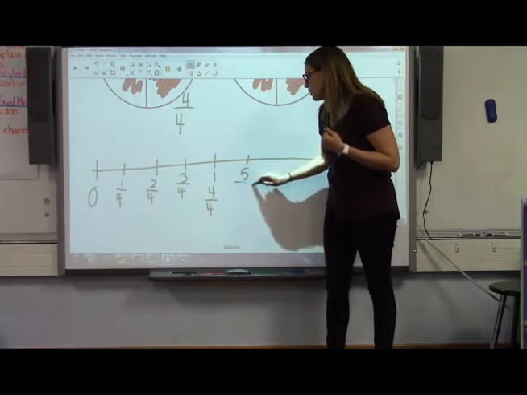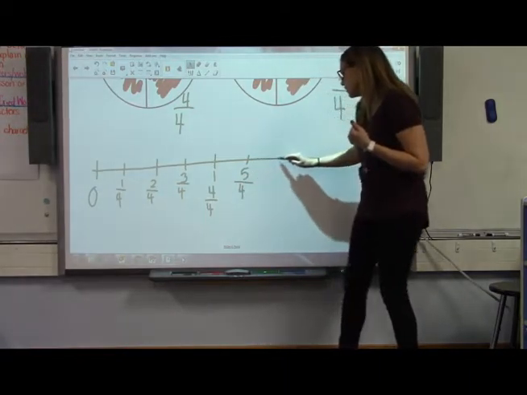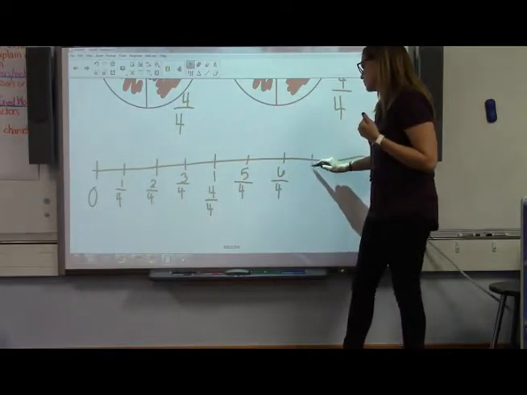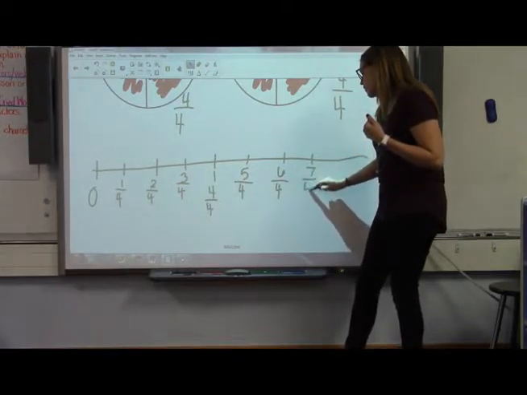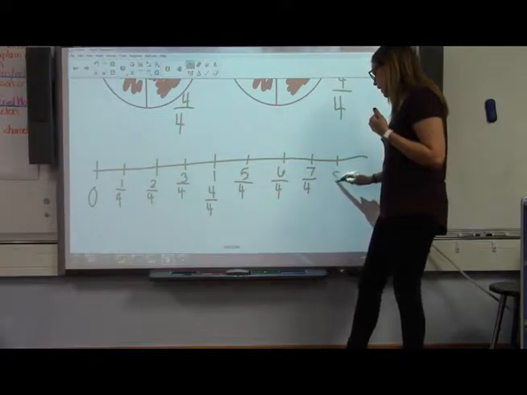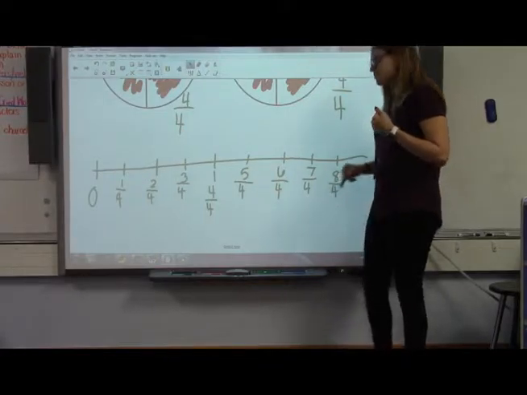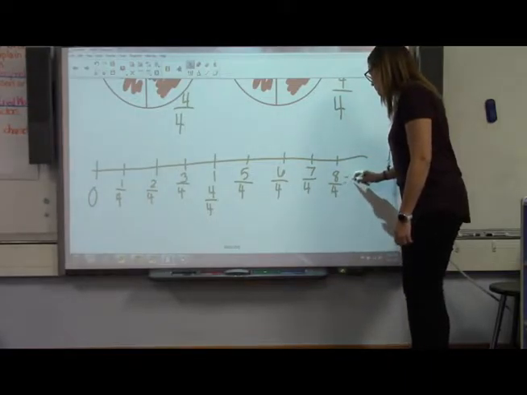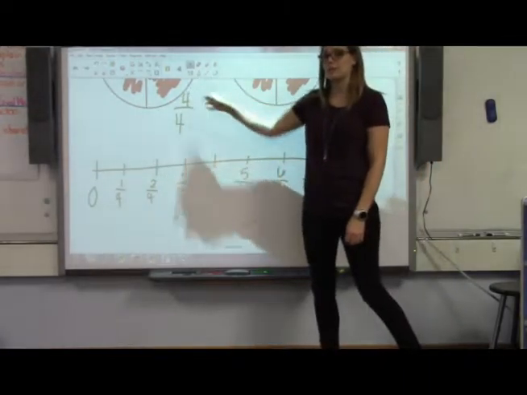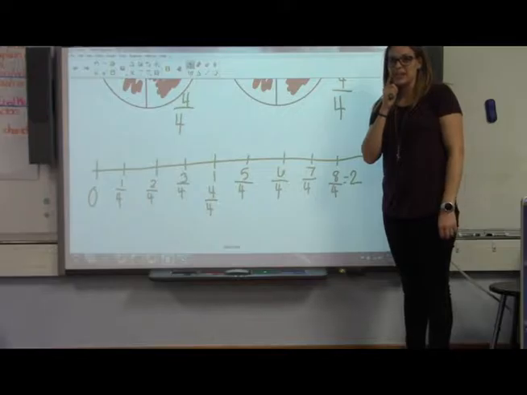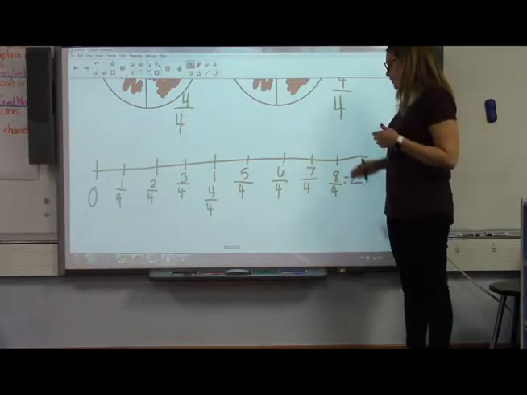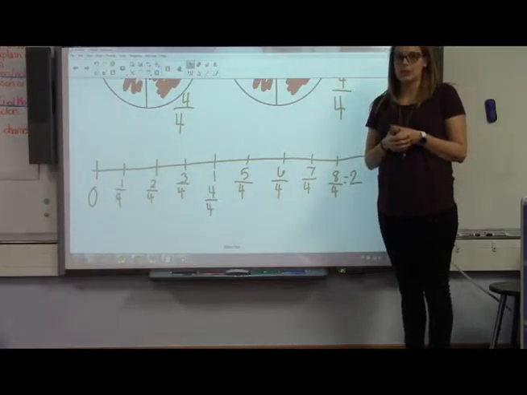This would be 5/4, 6/4, 7/4, and 8/4. And 8/4 is actually the same as 2, right? Just like we have these 2 shapes here. And I'm going to give you a trick. If you take 8 and divide it into 4 equal parts, 8 divided by 4 is 2. That's how you know that the whole number is 2.